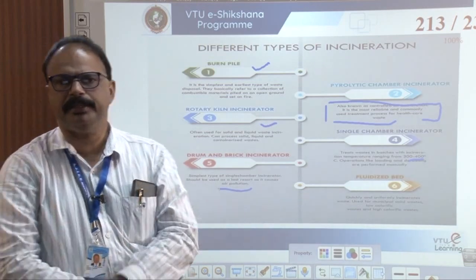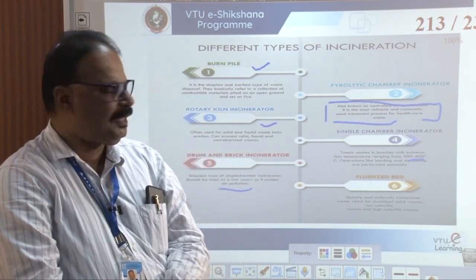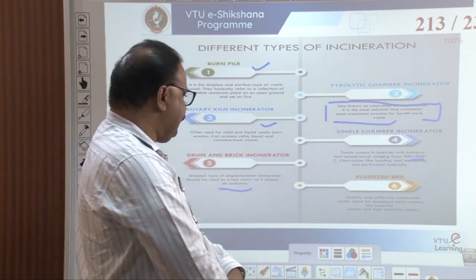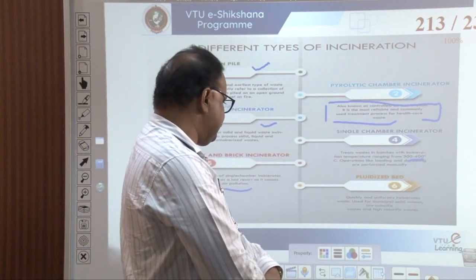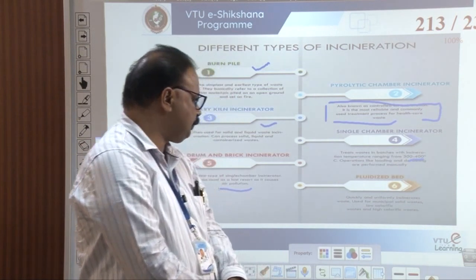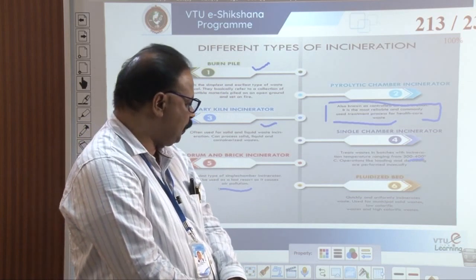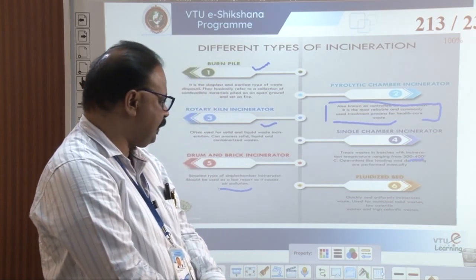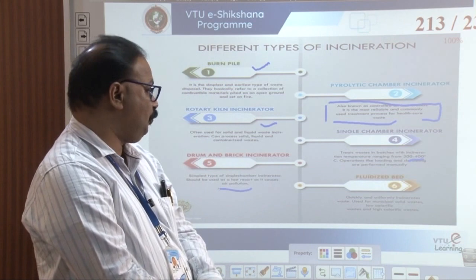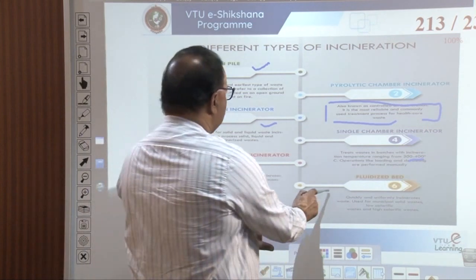Next one is the fluidized bed. It quickly and uniformly incinerates waste, used for municipal solid waste, low calorific waste and high calorific waste. Fluidized bed is a very modern technology.